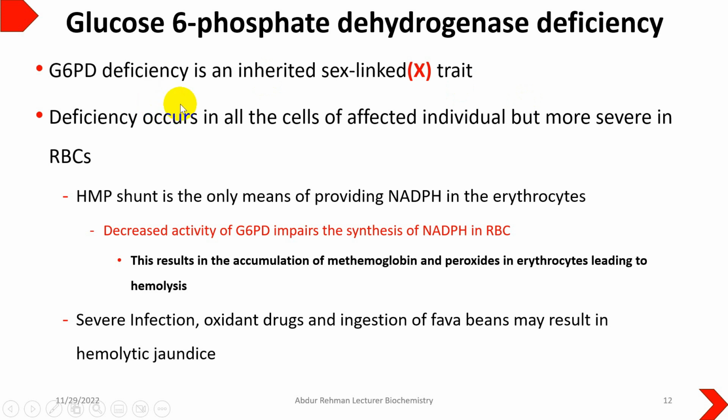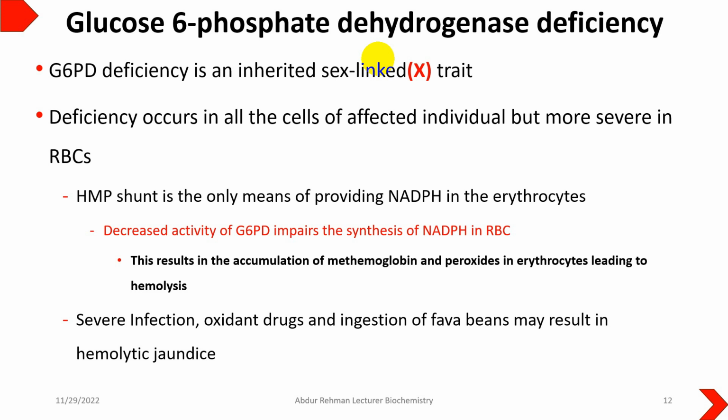So this G6PD deficiency is an inherited X-linked recessive disorder. It means that it will be predominant in males because the normal X chromosome will not be present in the male, as there will be a Y chromosome, while the X chromosome which is present will be a mutant one.